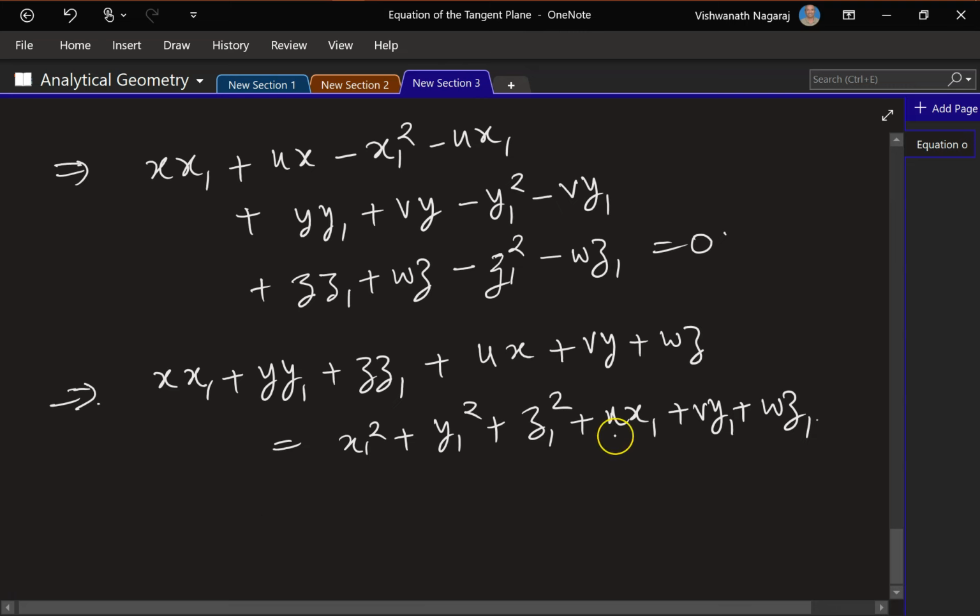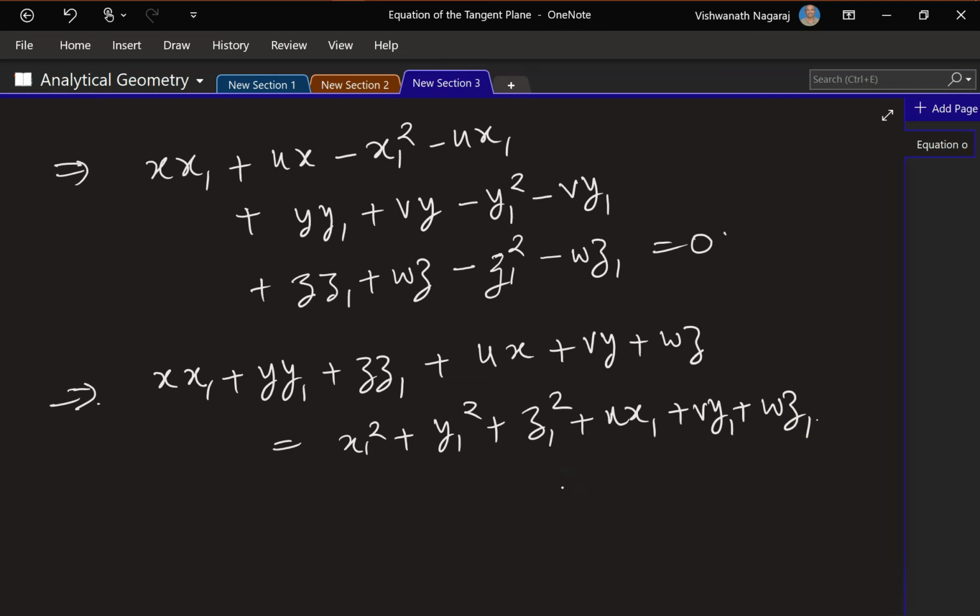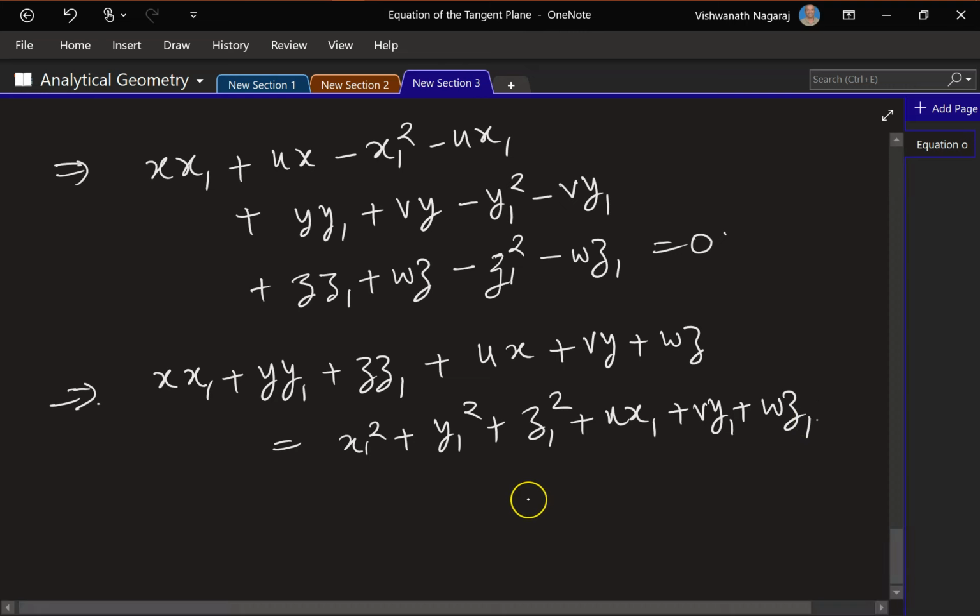We want 2's here: 2ux1 plus 2vy1 plus 2wz1. That looks like something familiar. So how do we get that? Let's add ux1 plus vy1 plus wz1 to both the sides.